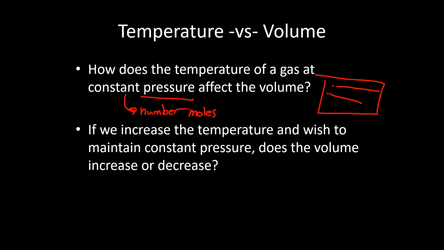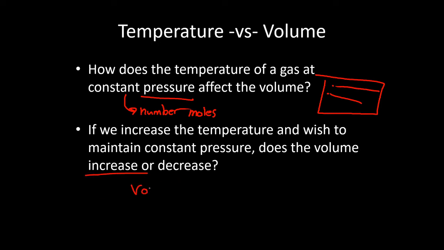Because if we didn't, then the pressure would increase. But since we're holding the pressure constant, the volume has to get bigger so that the faster moving particles have to travel farther to get to the walls of the container. So if we increase the temperature and wish to maintain constant pressure, the volume has to increase.